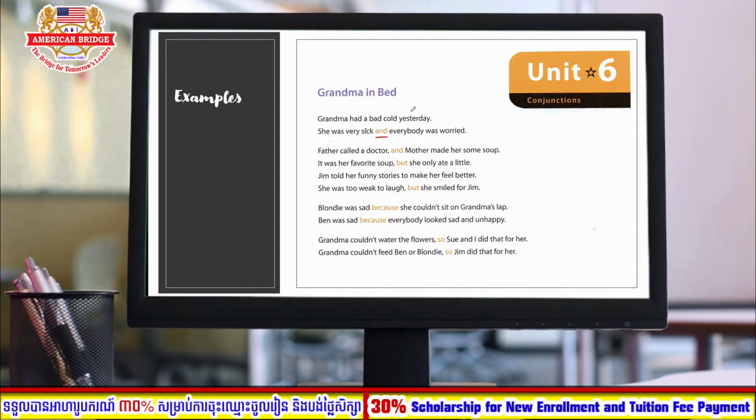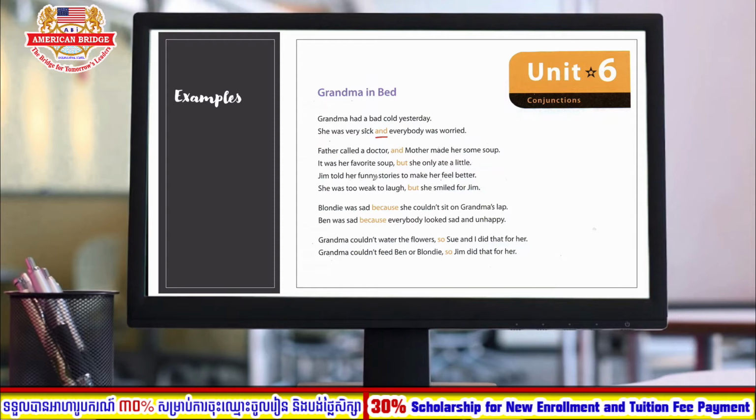Grandma is in bed. Grandma had a bad cold yesterday. She was very sick and everybody was worried. Father called a doctor and mother made her some soup. It was her favorite soup, but she only ate a little.